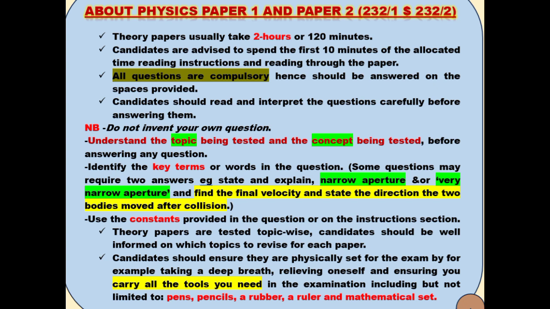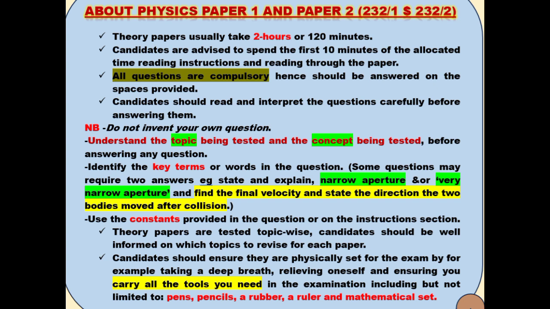So another point, identify the key terms or ones in the question. Some questions may require 2 answers, e.g. state and explain, narrow aperture or very narrow aperture, find the final velocity, and state the direction the 2 bodies moved after collision.